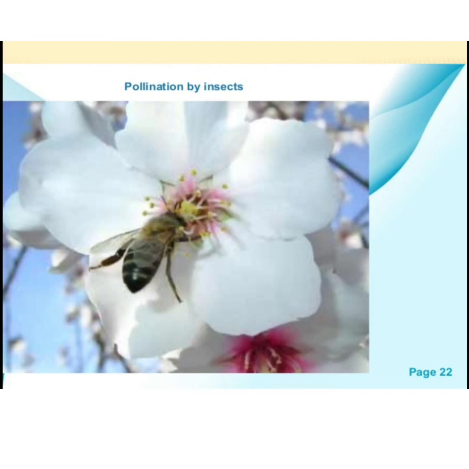How many types of venations? Reticulate and parallel venations. After that we studied the structure of a flower. At last we studied pollination. Pollination is the transfer of pollen grains from anther to stigma. Okay, thank you.